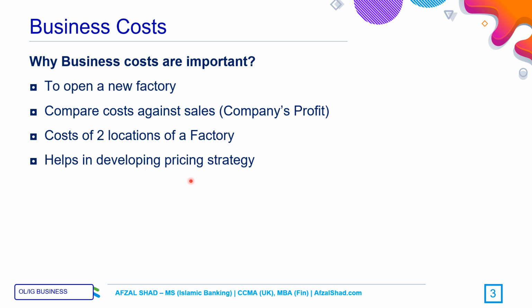Then helps in developing the pricing strategy. For example, we have gone through the pricing methods. We said that the first pricing method was the cost plus pricing method. What was the cost plus pricing method? Try to recall.